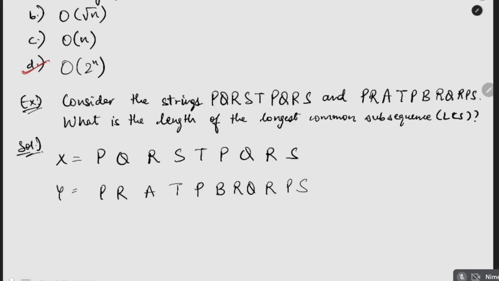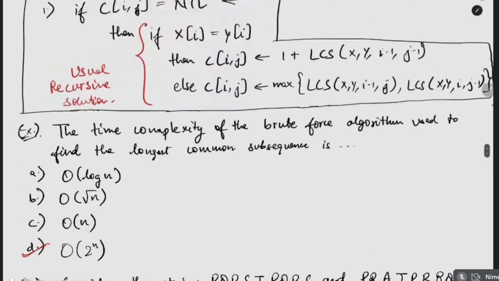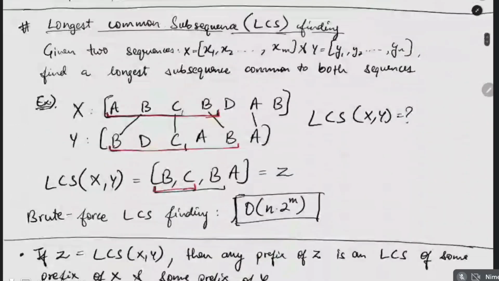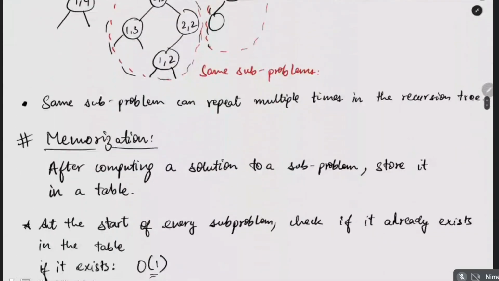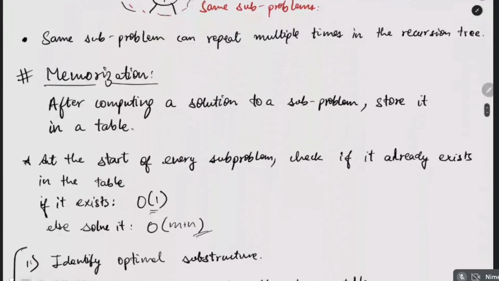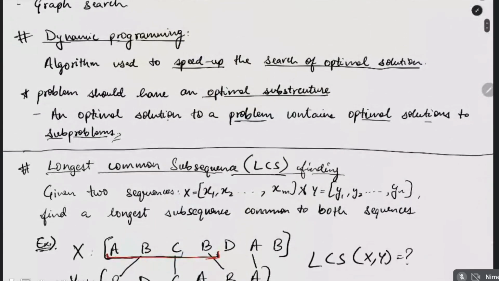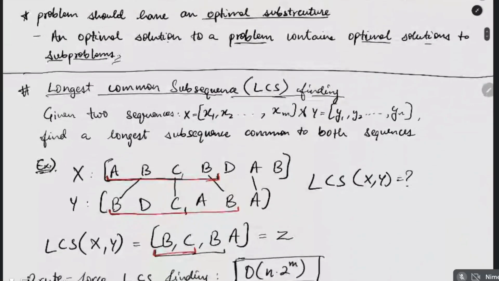So what we can do is, since we know that the LCS of the subproblems of x and y, or what was the name that we had given to these? The solution of the prefix.